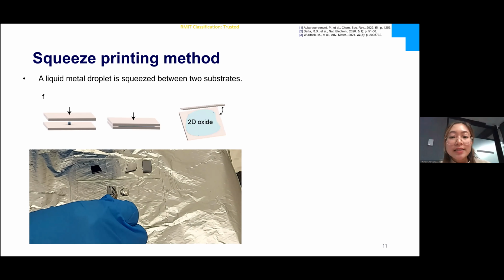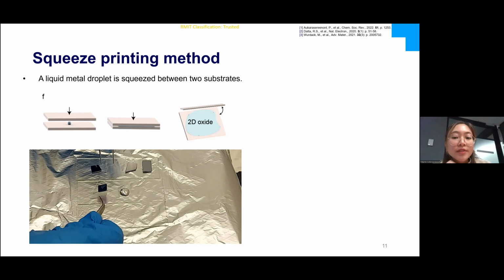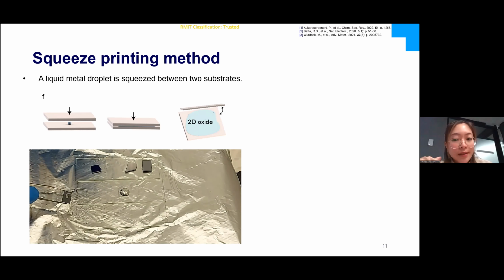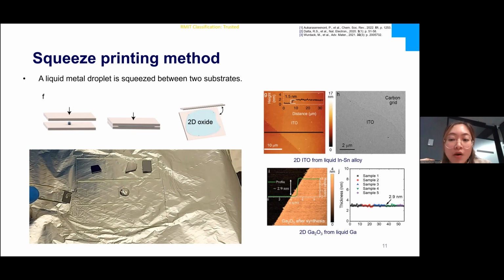Another substrate is then brought into contact to squeeze downward gently, resulting in the oxide layer attached to both substrates. And this technique is employed to synthesize 2D ITO from indium tin alloy and 2D gallium oxide from liquid gallium.